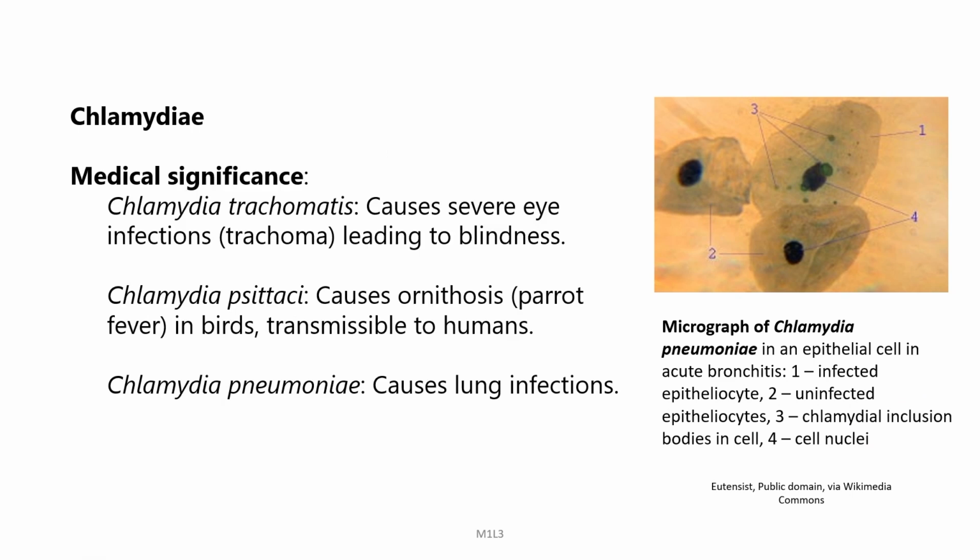For example, Chlamydia trachomatis causes severe eye infections leading to blindness. Chlamydia psittaci causes ornithosis or parrot fever in birds, and this is transmissible to humans, so it is a zoonotic disease. Then we have Chlamydia pneumoniae, which causes lung infections.